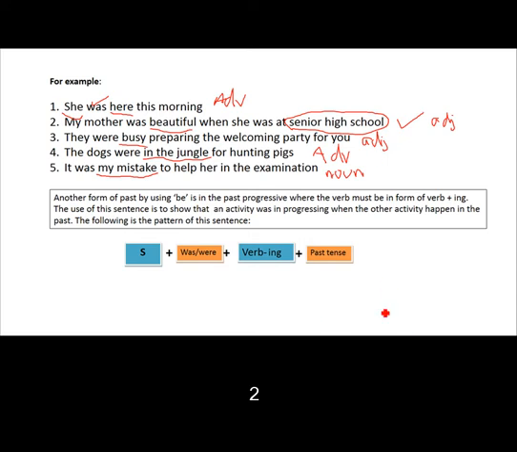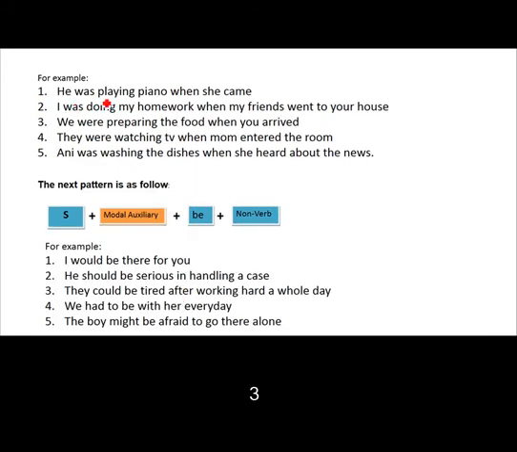The verb be can also be used for progressive form, that is verb plus ing. So for the verb plus ing in the past, it means that we are doing something in the past when another activity also happened in the past. For example, like this one. He was playing piano when she came. He was playing.